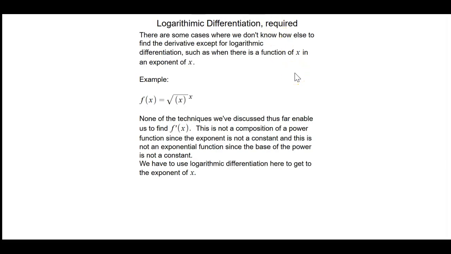So there are functions though where we don't know how to differentiate, and we need to use logarithmic differentiation. And one case is where there's a function of x raised to a power of x. So for example, I have the square root of x raised to the x power.